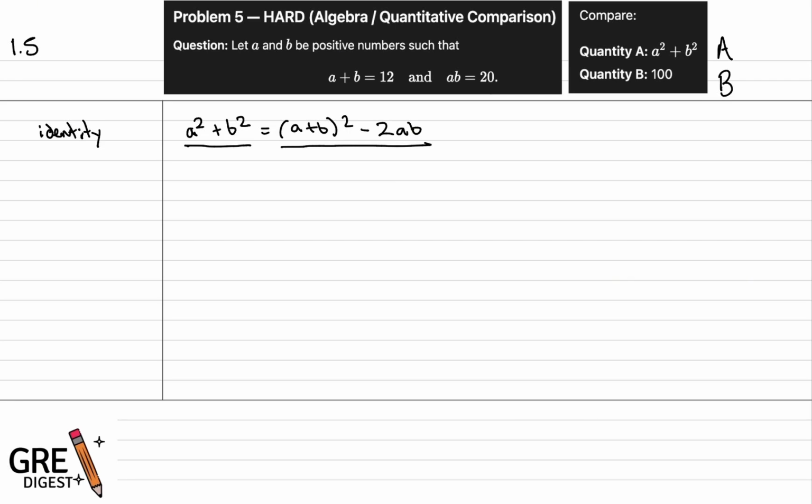So we know here, if we bring this down, we know that a plus b squared minus 2ab can be rewritten using this section right here and right here.